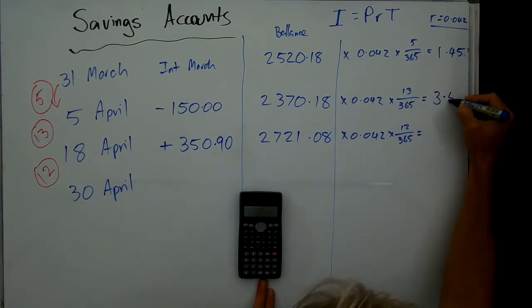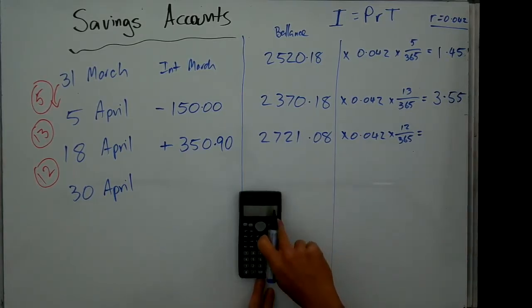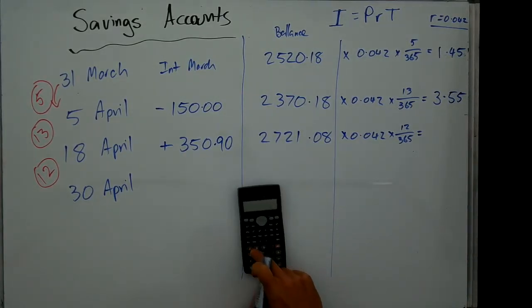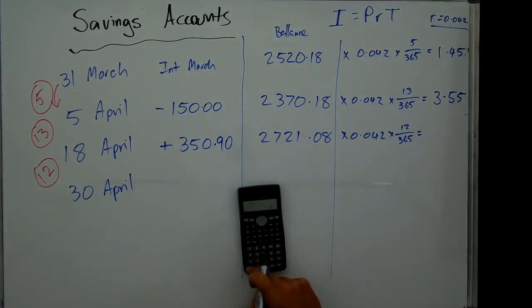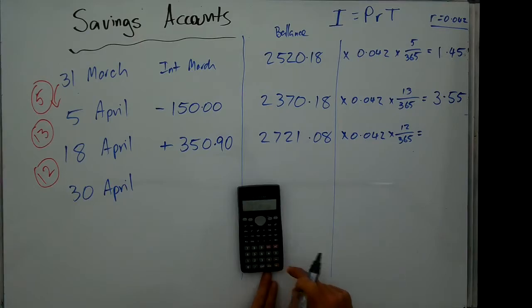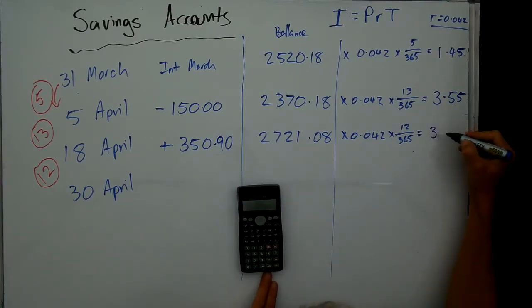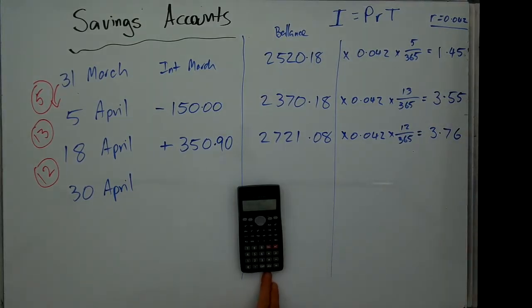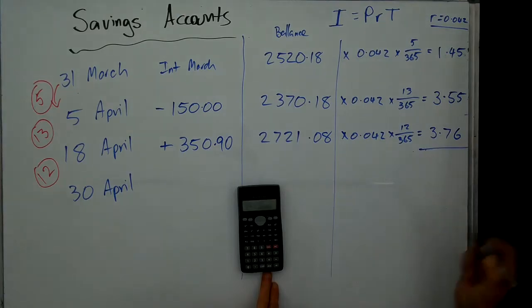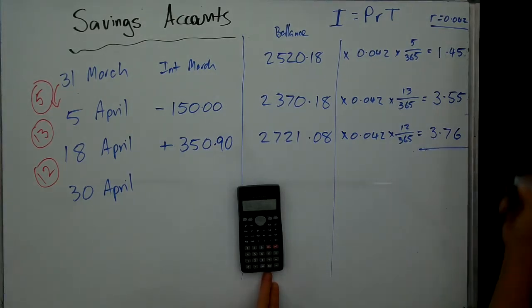I'll round that one as well. 5, 7 to 1. 0.08 times 0.042 times 12 divided by $3.76, and I've rounded all those up, so I kind of feel like I've got a bit extra. I might be 1 cent out.